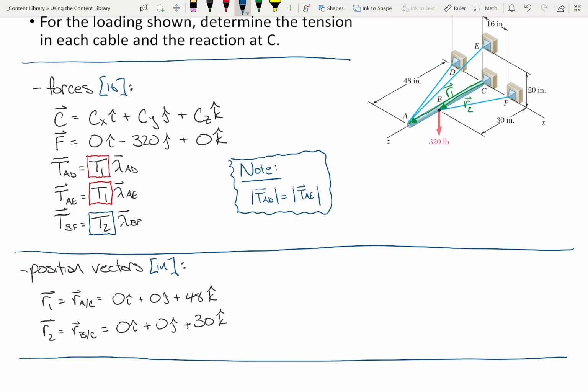All right, so here's my point. I think it's worth taking a step back and asking, what all do we need to do for this problem? How are we going to get, so let's work backwards. How are we going to get these lambda vectors? The distance vector divided by the magnitude, right?